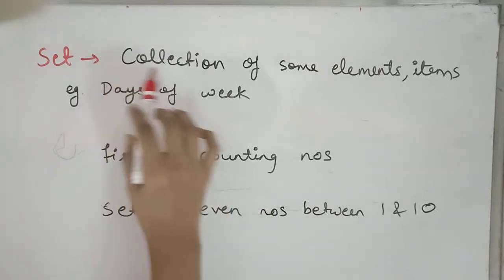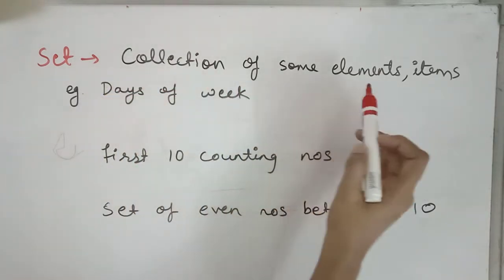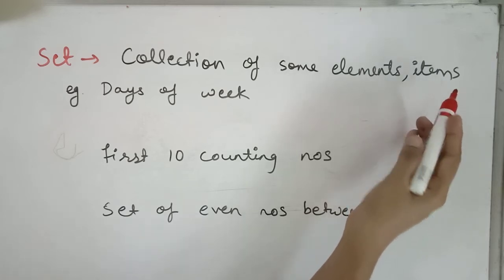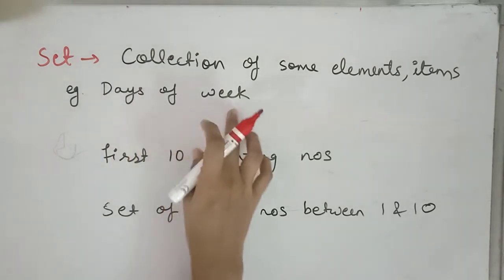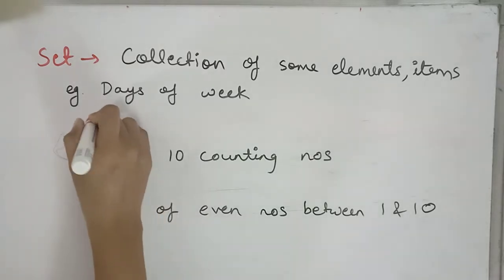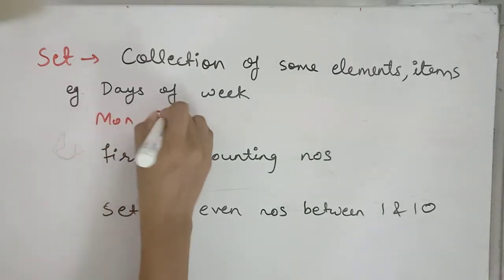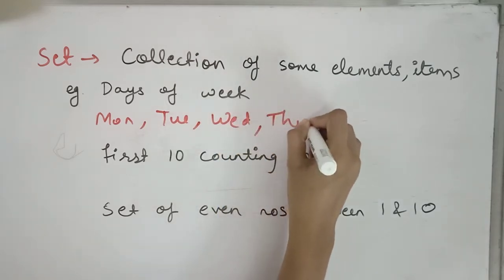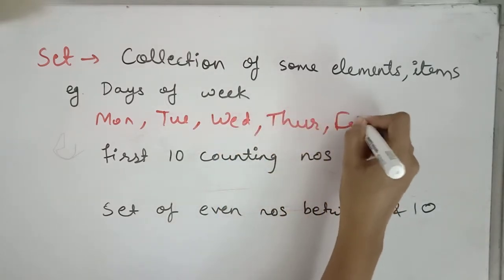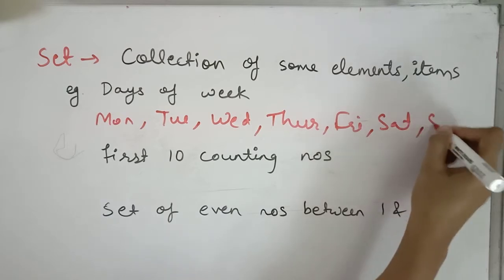Now set is the collection of some elements or items. There can be any elements or items. Suppose days of the week. We know the days of the week are Monday, Tuesday, Wednesday, Thursday, Friday, Saturday and Sunday.